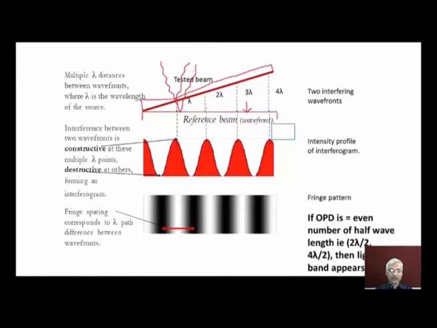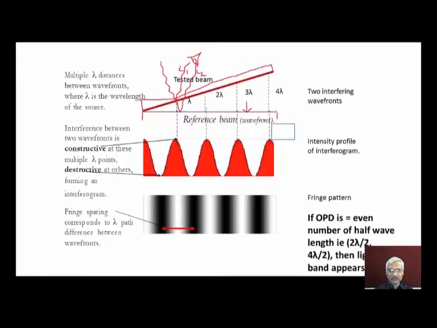Now we have to combine these two waves, and when we combine we get the interference pattern subjected to this condition. Say this is reflected light L1 and this is reflected light L2. There is a path difference between the path length of L1 and L2.